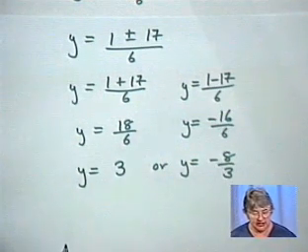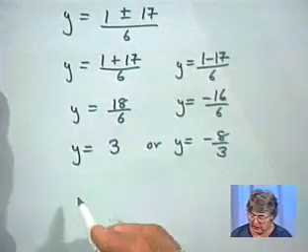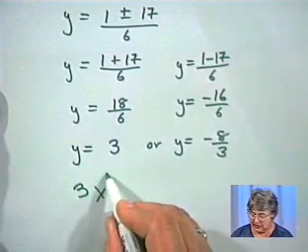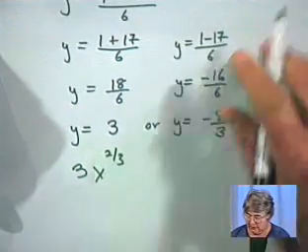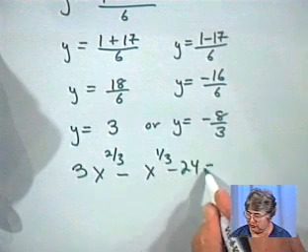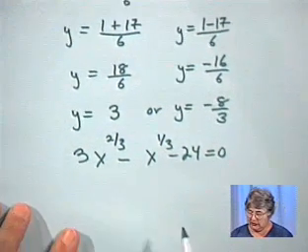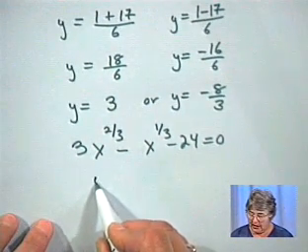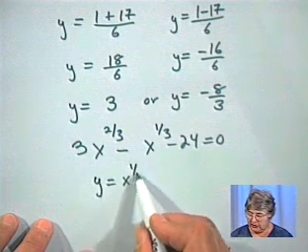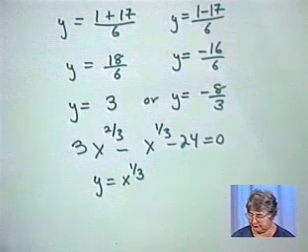What we were interested in was solutions for the equation 3x to the 2/3 minus x to the 1/3 minus 24 equals 0, where y equals x to the 1/3. So now we have to go back and find the solutions for x.